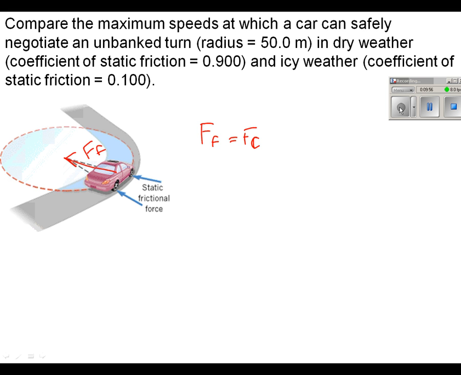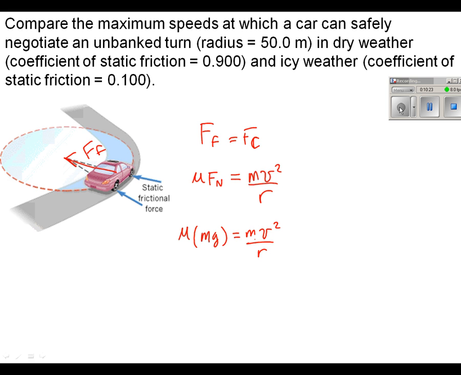So what I'm going to do is plug in the equation for force of friction, which is mu times the normal force, equals the mass of the car times the velocity squared over r. And we also know, since this is a flat horizontal surface, that normal force we can plug in as weight. So now we have mu times mg equals mv squared over r.